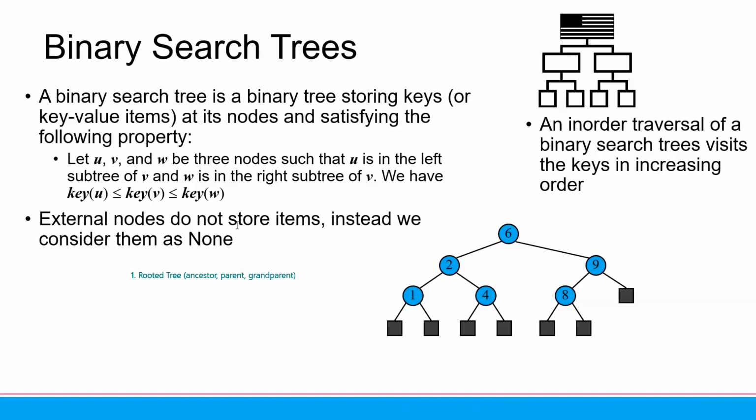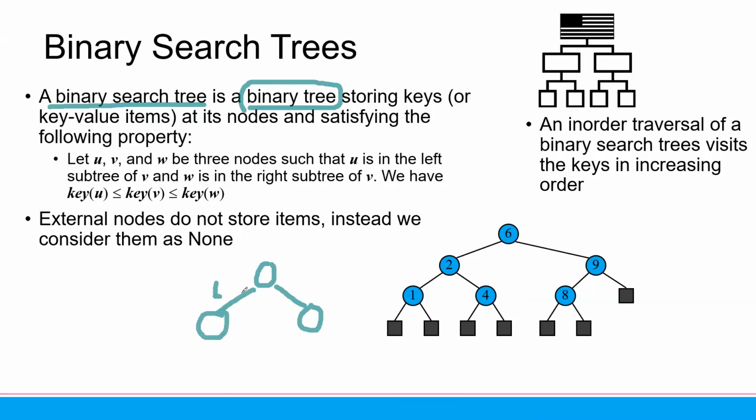So I will try to combine some of the data structures and some of the algorithms that we already learned. In this case, we are going to use a binary tree. You still remember binary tree? The binary tree means we have at most 2 children, left and right.